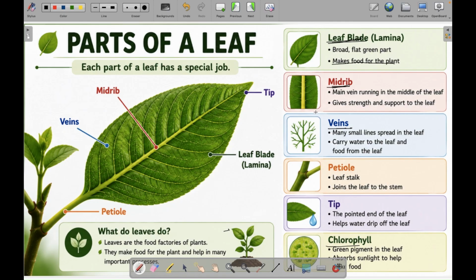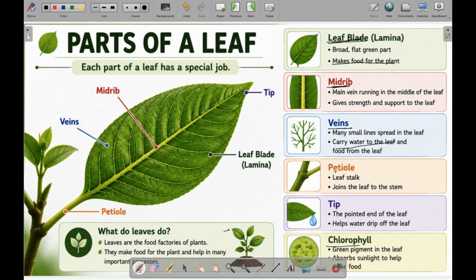Just like the veins in our body carry blood to different parts of the body, and the blood also contains food and other particles, say minerals and all, the purpose of veins is also the same. So they carry water to the leaf, first of all. Okay, and then once the food is prepared, they are also responsible for transporting this food to different parts.